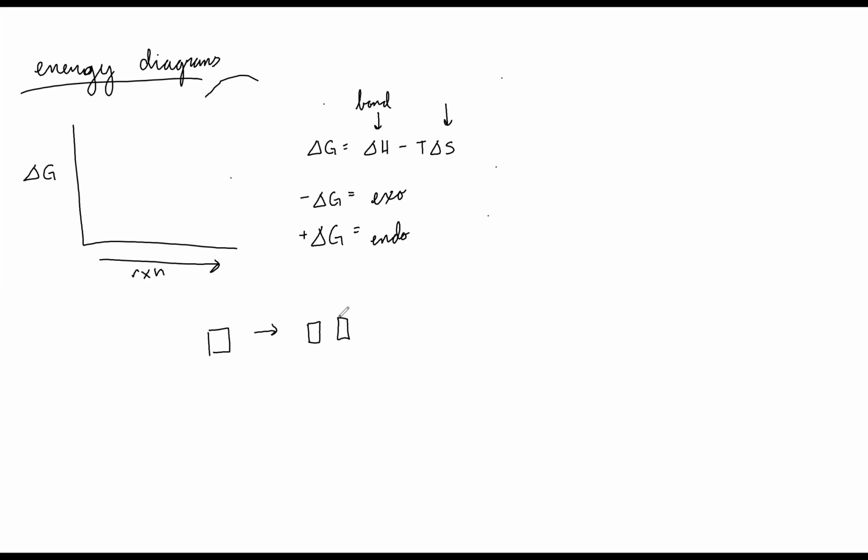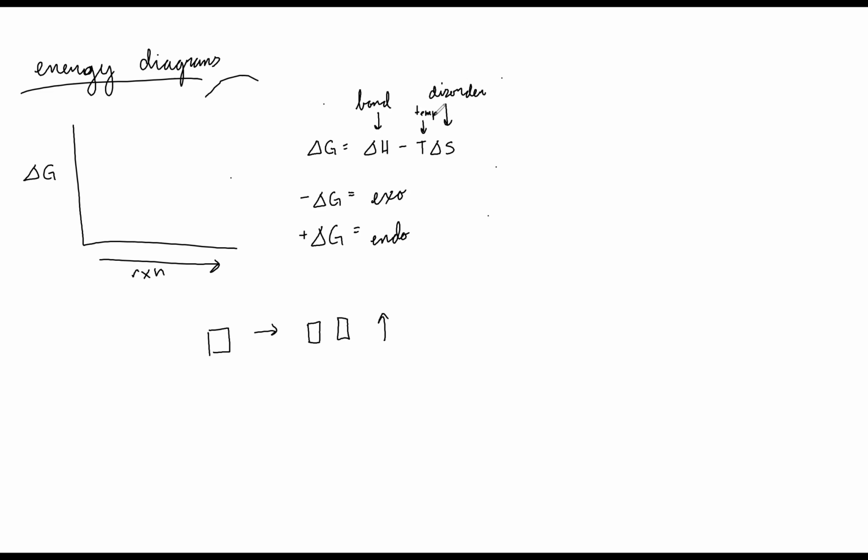I can move them around each other, all of that stuff. So we would say that the disorder in the system would go up in this case. So delta S is entropy, also called disorder. And T is obviously going to be temperature.